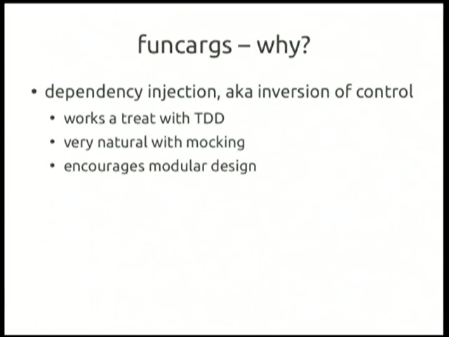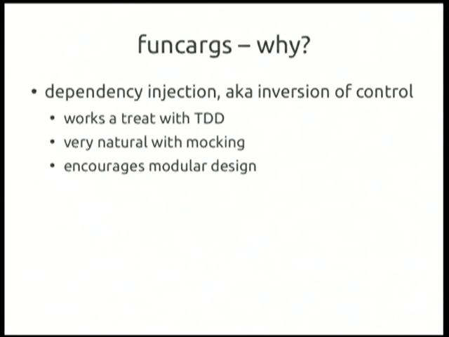So to talk a little bit more about why you would do things in this style, it encourages a style where the words dependency injection are thrown around a lot at our work, and Martin Fowler talks about this in 2004.